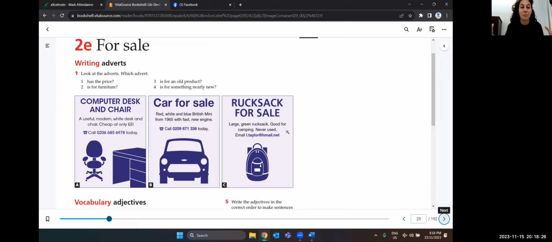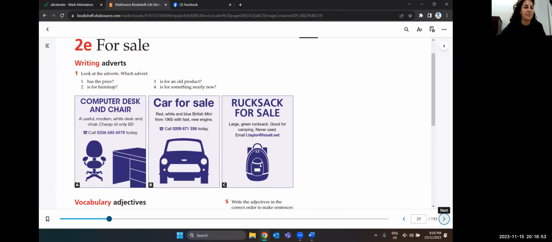So remember, how much is the computer and chair? How much is the car? How much is the rucksack? So you're going to get people asking you that question if you don't put the price on your ad. So remember, we want to sell something and we're writing up an advertisement and putting it on Gumtree or maybe on the board for someone to see or on WhatsApp in your group.